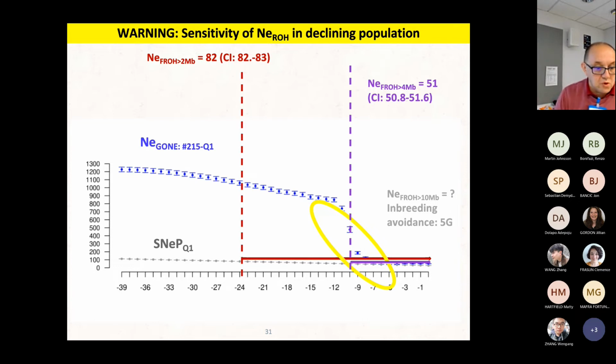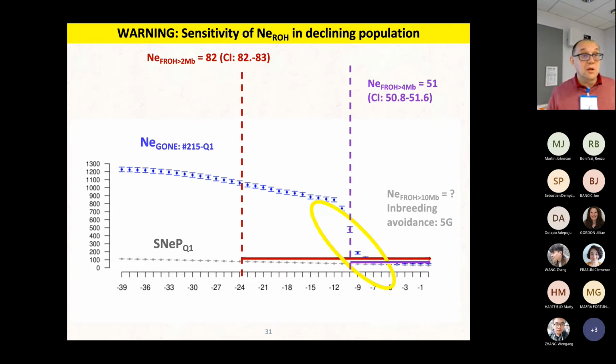Sometimes people use the classical method where they regress inbreeding, genomic inbreeding or pedigree inbreeding on birth year, and then multiply it by the generation interval. They get different values of effective population size when they use runs of homozygosity bigger than 5 megabases or 2 megabases.